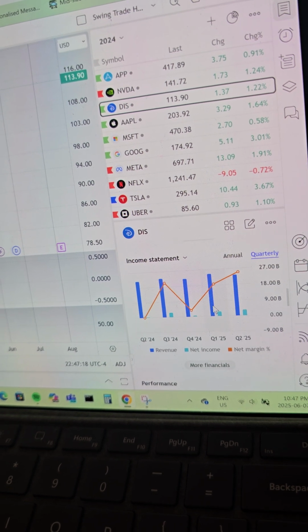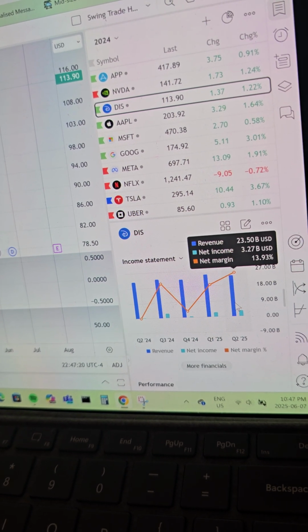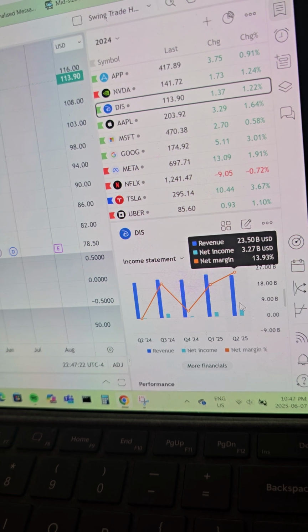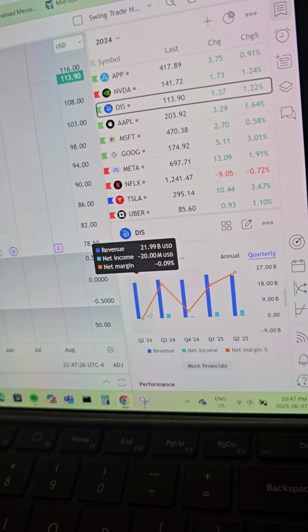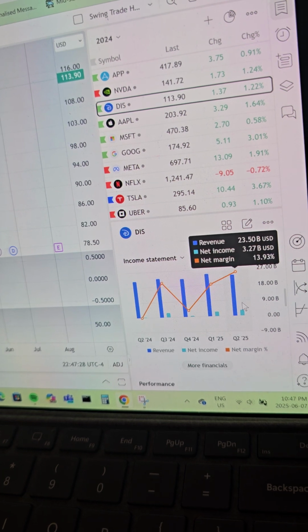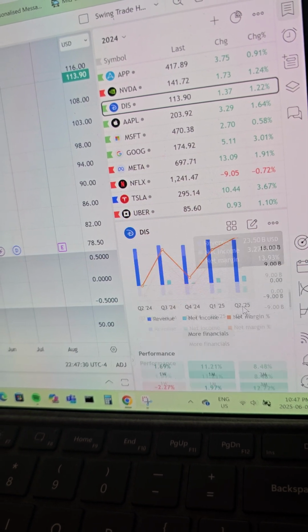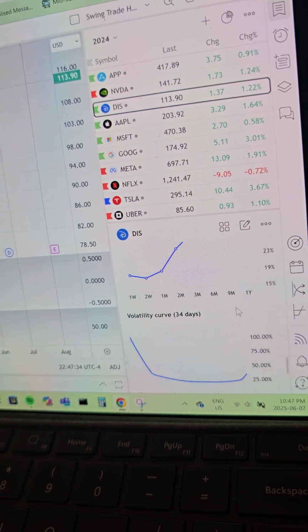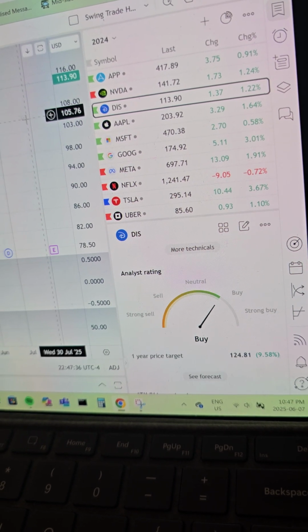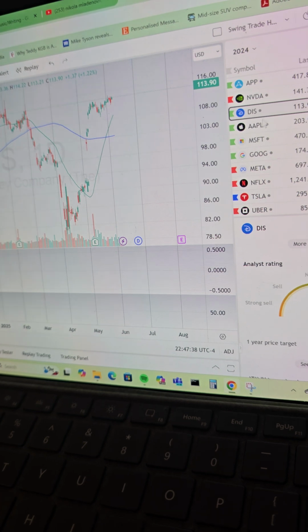Small dividend. Revenue and net income are growing. That's not bad. What do analysts say? Analysts say buy. So Nvidia and Disney might also be good buys.